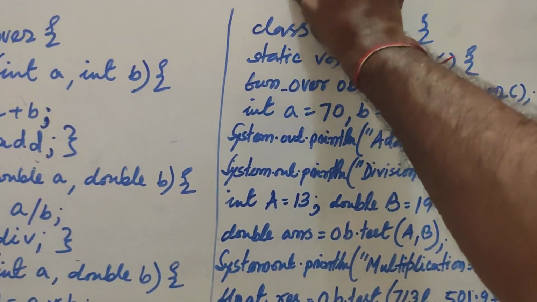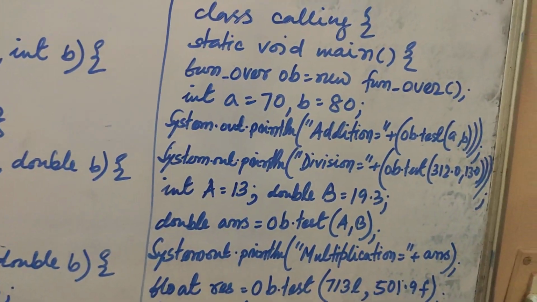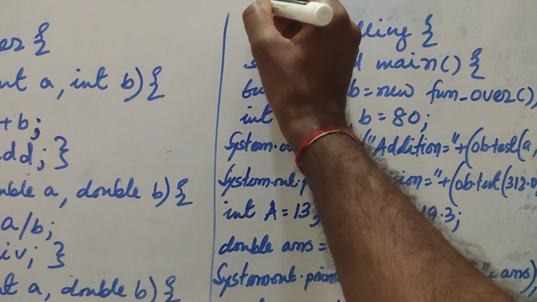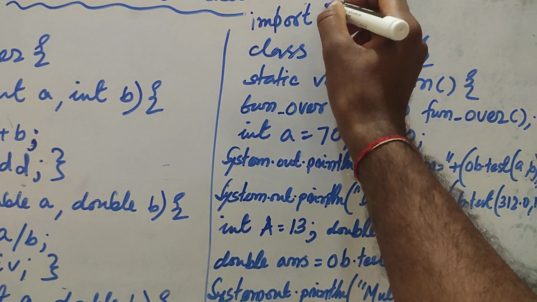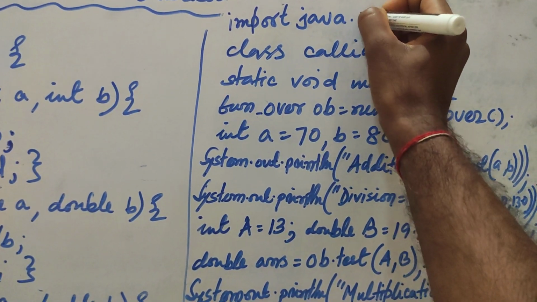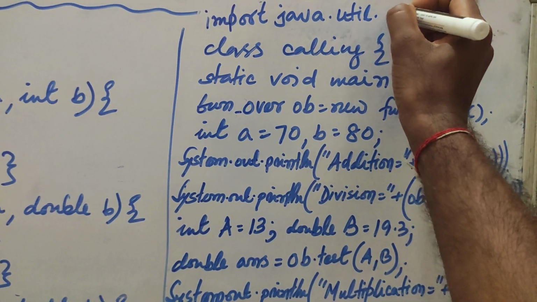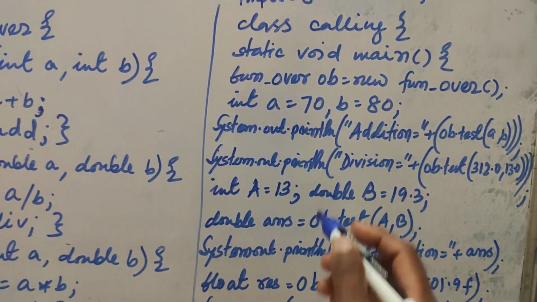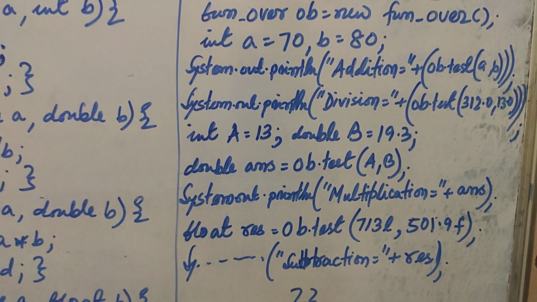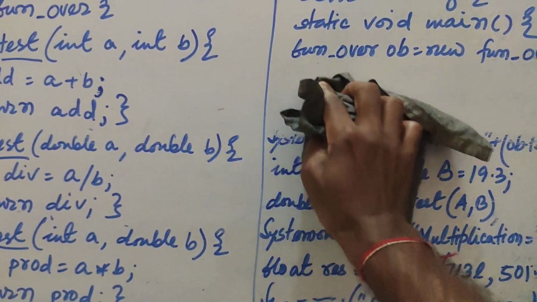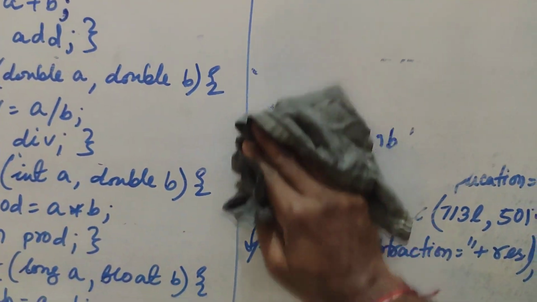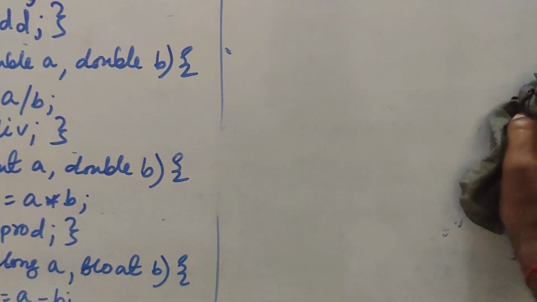Suppose I want to do it by using import java dot util dot, suppose input statements. In input statements, what one advantage you will get, different values you can place.